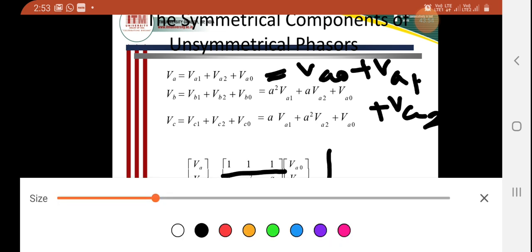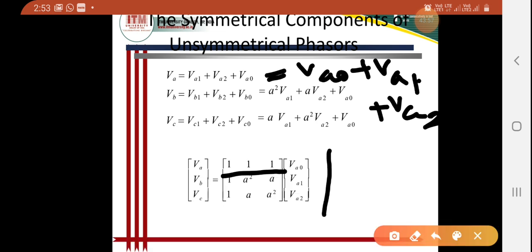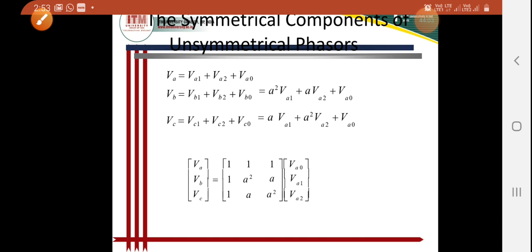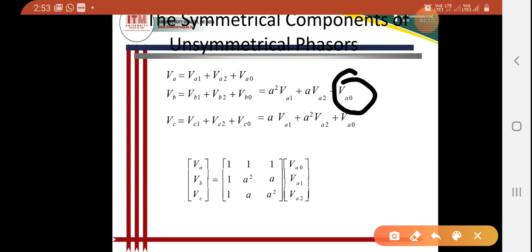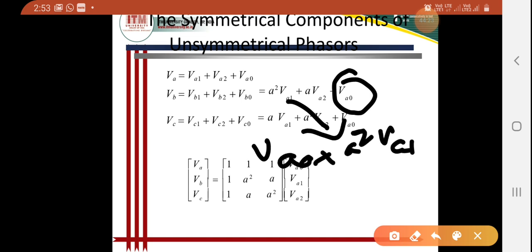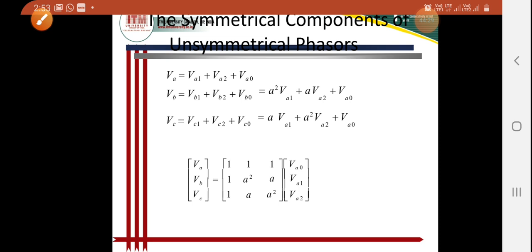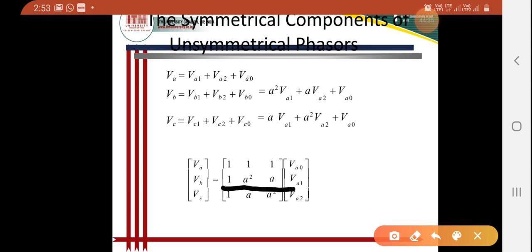Similarly, arranging VB as VA0 plus a squared VA1 plus a VA2, I can write VB as 1, a squared, a, times VA0, VA1 and VA2.